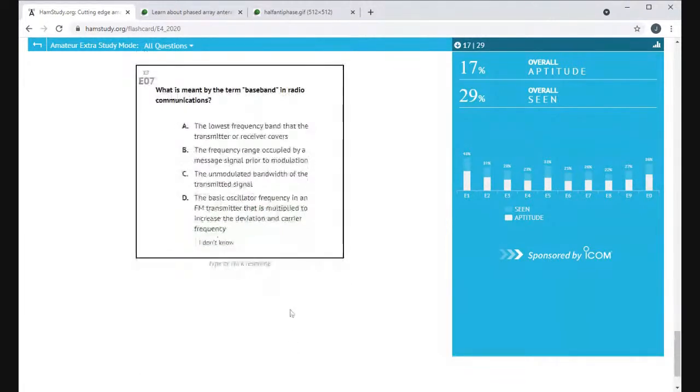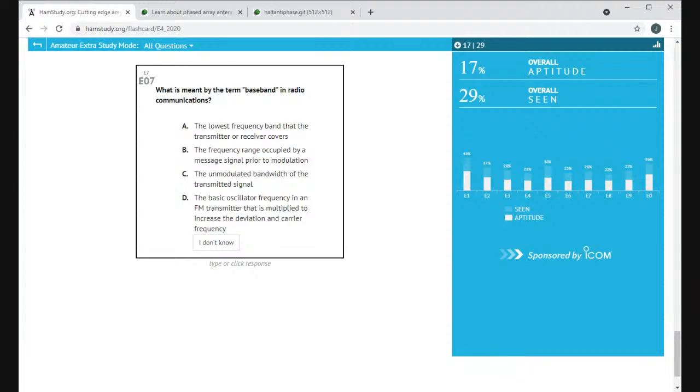What is meant by the term baseband in radio communications? A, the lowest frequency band on the transmitter or receiver that the transmitter or receiver covers. B, the frequency range occupied by a message signal prior to modulation. C, the unmodulated bandwidth of the transmitted signal.